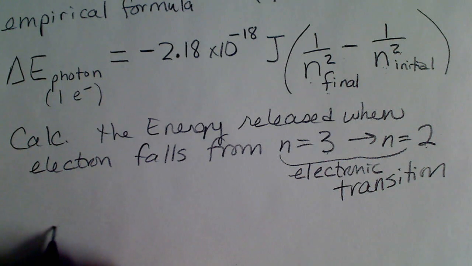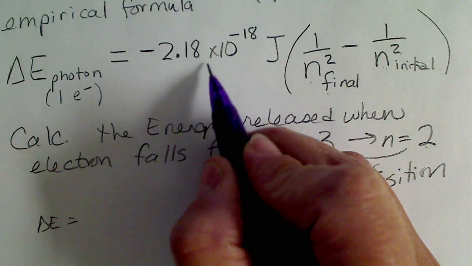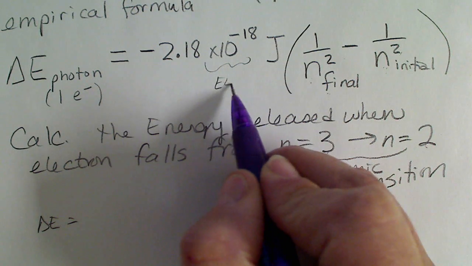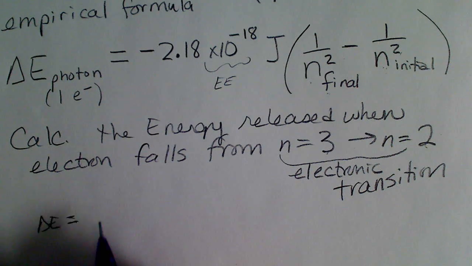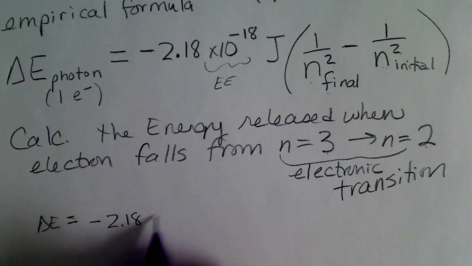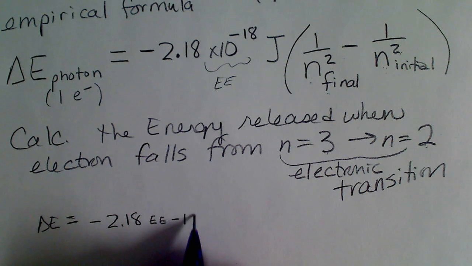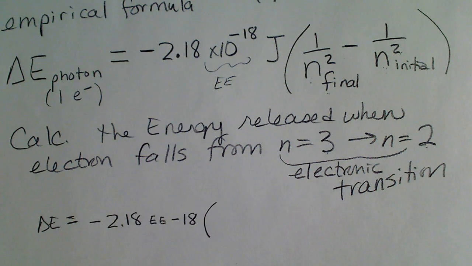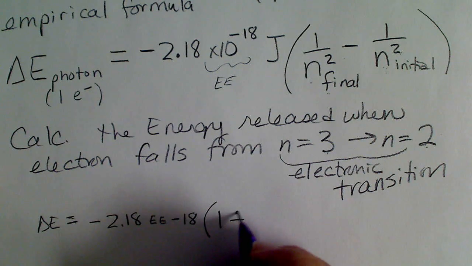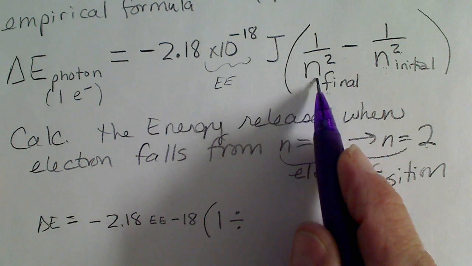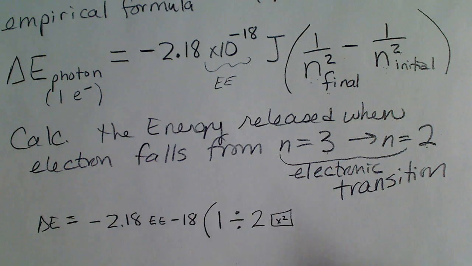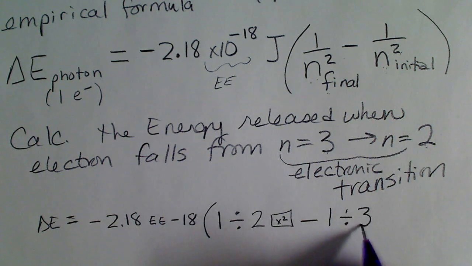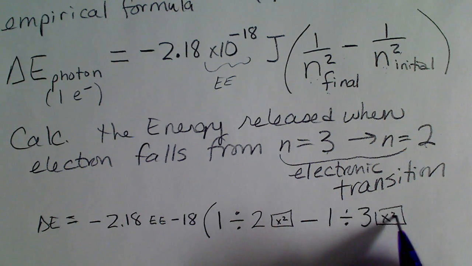So in the TI calculator, I'm going to use the double E key, so that EE key means times 10 raised to the power of, so I'll enter that as 2.18, hit the double E key, negative 18, and then we can just put the parenthesis there. 1 divided by final is 2 squared. So we could square that in our head or just hit the x squared button. Minus 1 divided by 3 and square that.